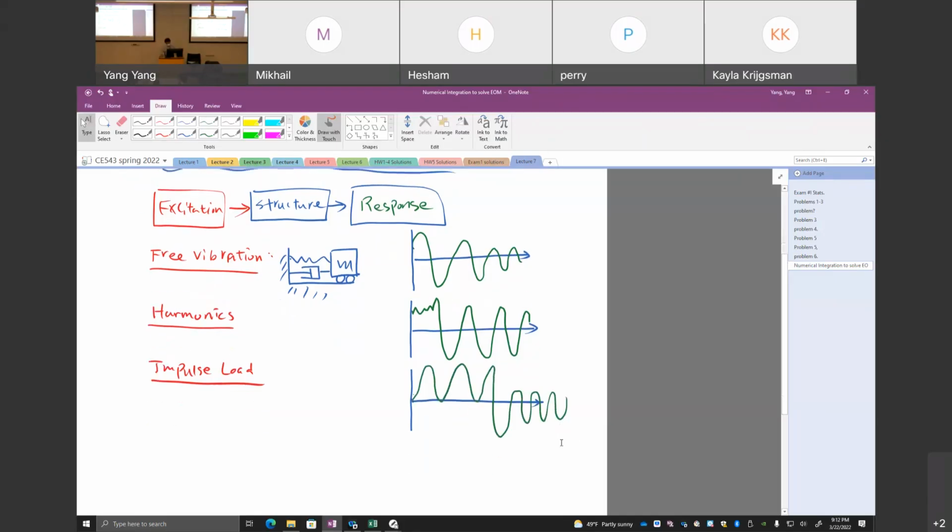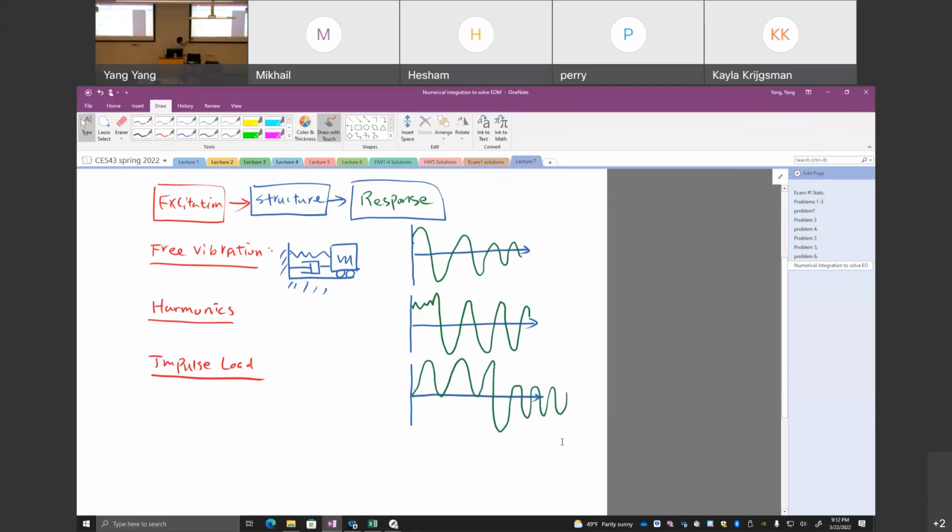It would be two phases. Phase one, that's forced vibration. Phase two, that's free vibration. And that's what we discussed before tonight.